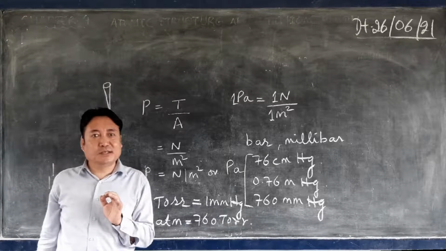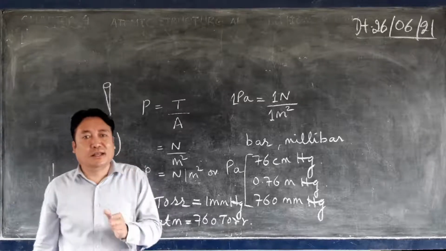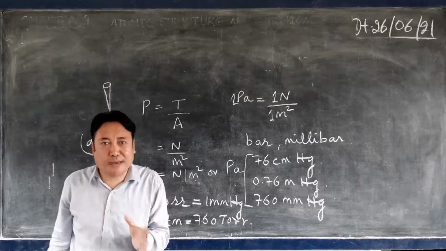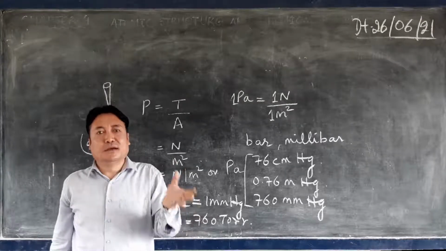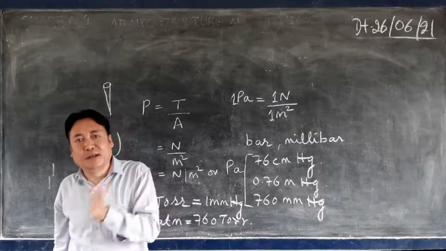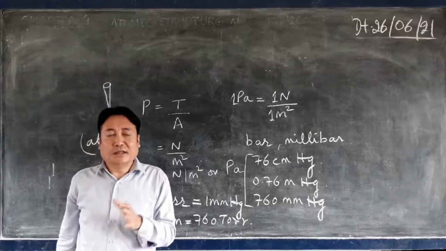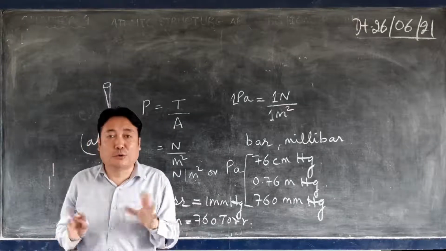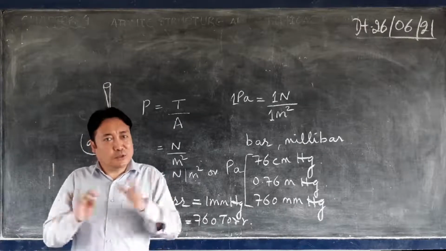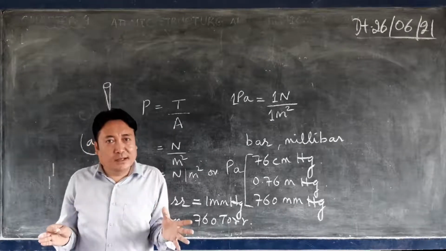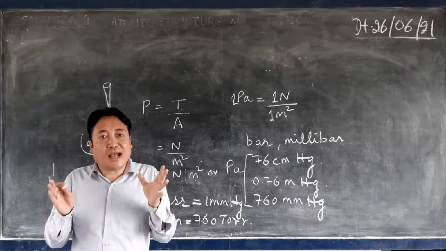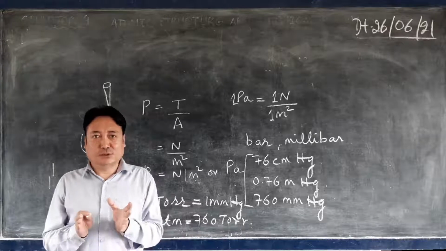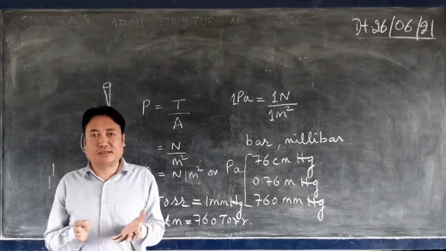Another example: while constructing a building, or a hydro dam, the base of the dam or the building is made broader or wider. That means when the base is made wider, the pressure exerted by that building or the dam becomes less. So therefore, it doesn't collapse.